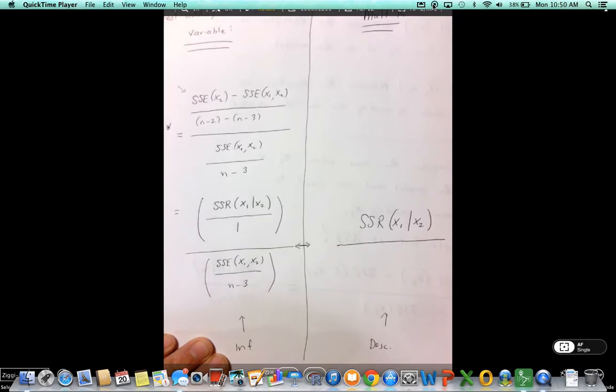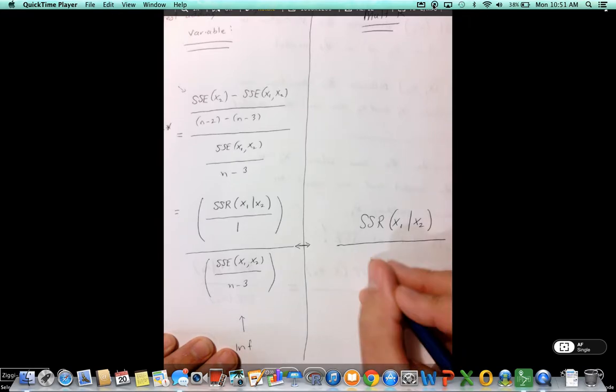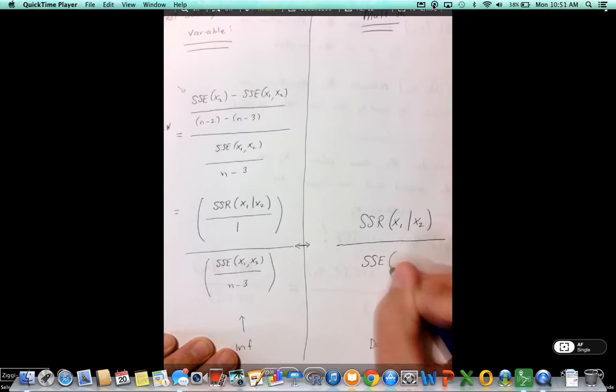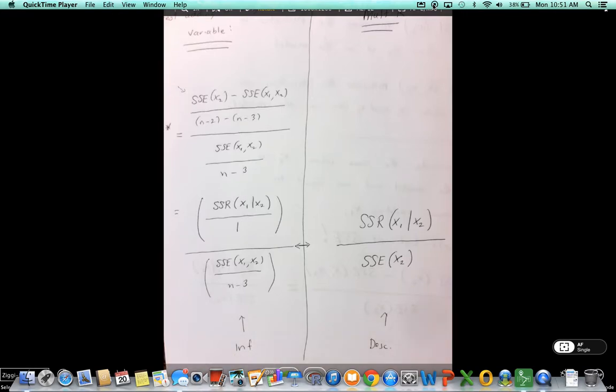So in a lot of ways, except for eliminating the degrees of freedom, the numerator looks the same, but for the denominator, we not only take away the degrees of freedom, we just look at the sum of squares for the reduced model, just having the initial predictor of x2. Guys, that notation can sometimes get a little confusing, so that's why I want to point that out to you.